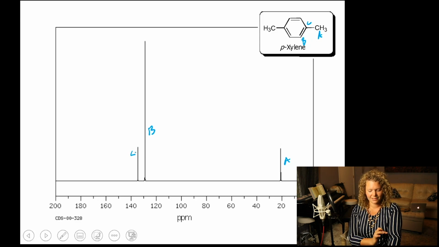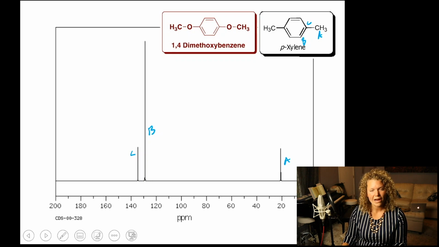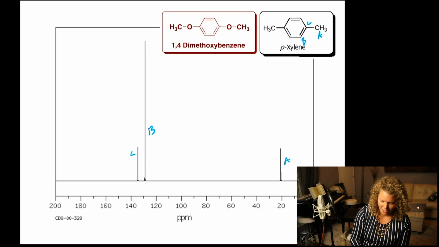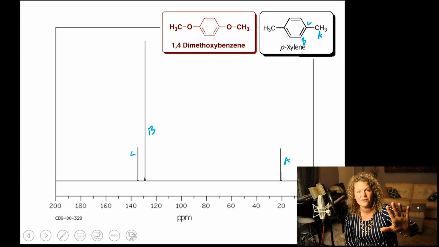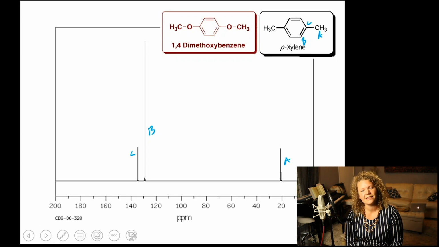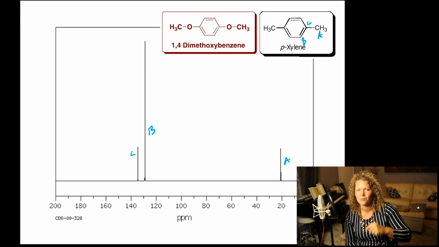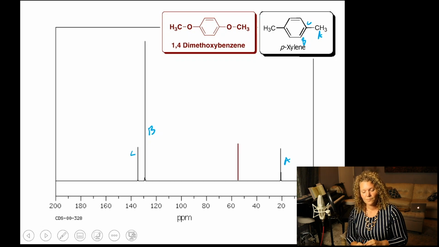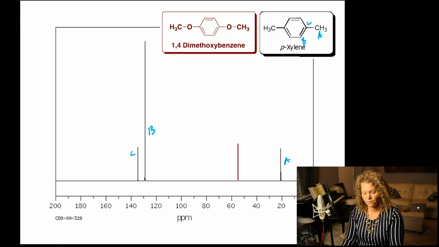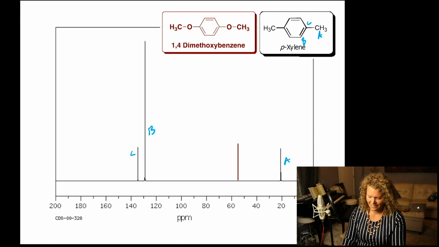What about the dimethoxy benzene? Where is this going to show up on a carbon NMR? Now would be a great time for you to pause the video and think about where you expect to see these signals. Think about our resonance that we talked about. We know that the 1,4-dimethoxybenzene has the same symmetry that we've discussed with paraxylene.